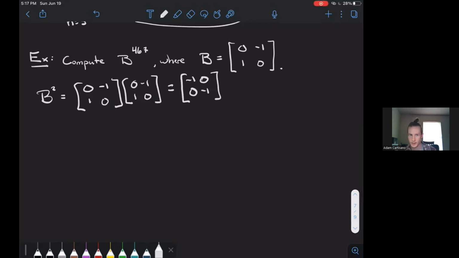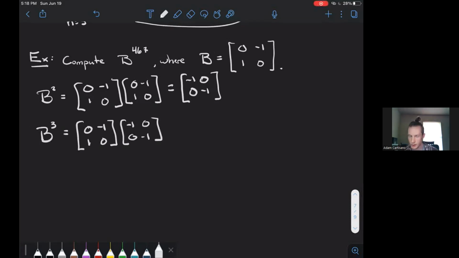It scales by minus 1. A matrix is called a scalar matrix because all it does is multiply all the entries of whatever matrix you're trying to scale by that scalar. So [0, -1; 1, 0] times the scalar matrix [-1, 0; 0, -1].